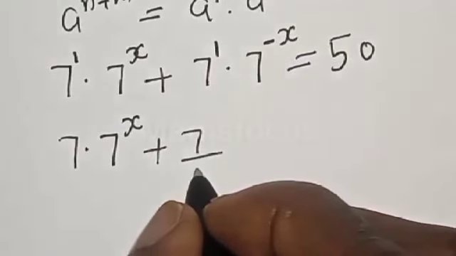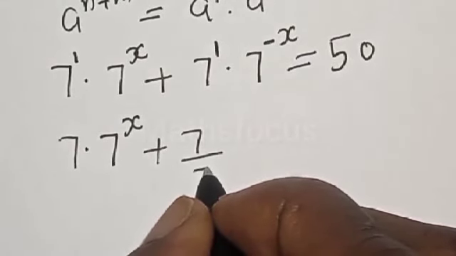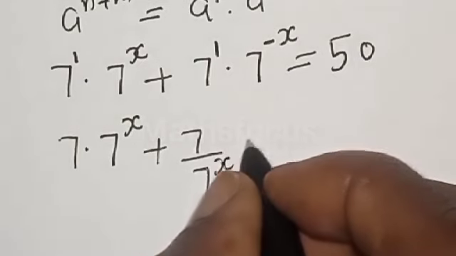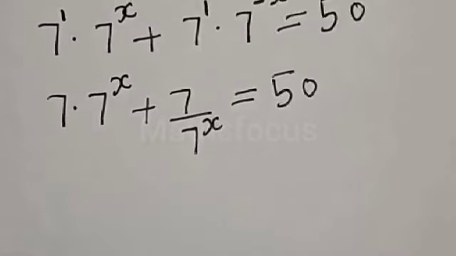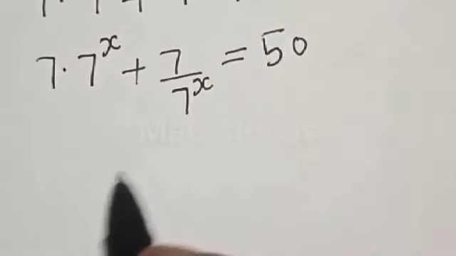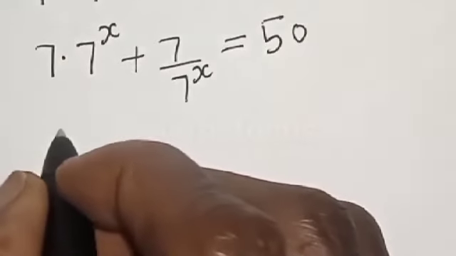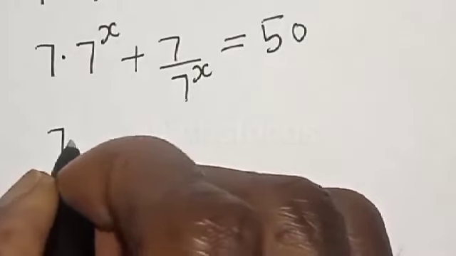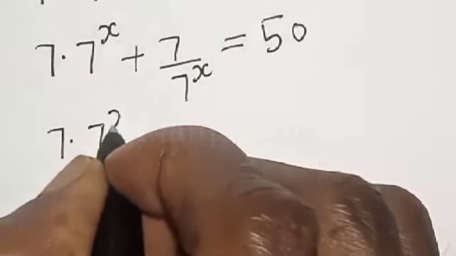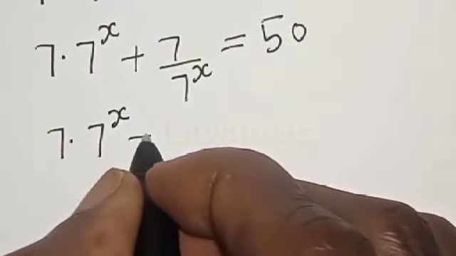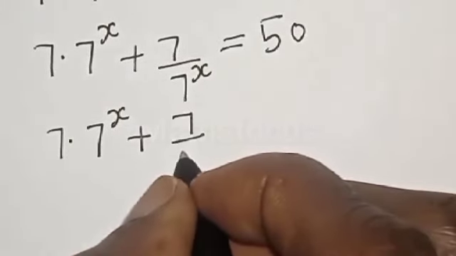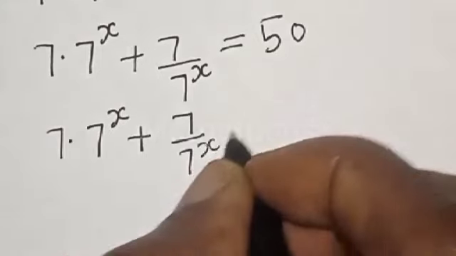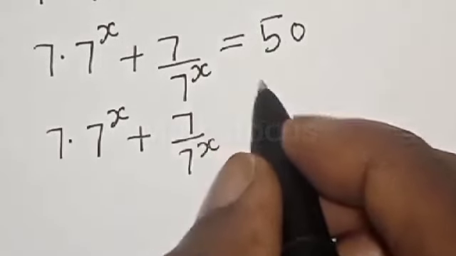over 7 raised to the power s is equal to, now we have 7 multiplied by 7 raised to the power s plus 7 divided by 7 raised to the power s. Let's bring this 50 here.